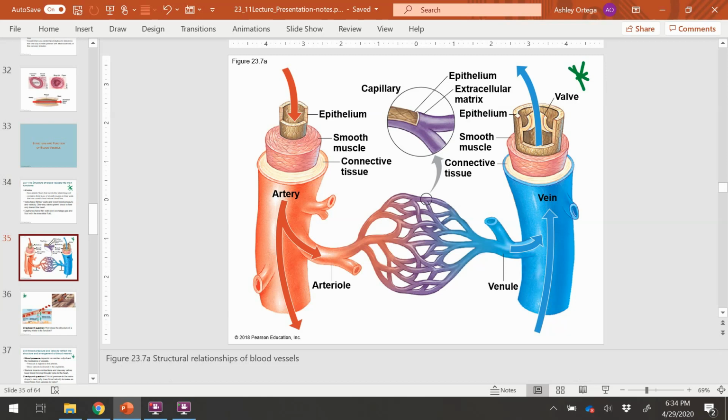They first have a layer of epithelium tissue, then smooth muscle. Arteries have more smooth muscle than veins, and then connective tissue that connects them to other organs and other body parts. Looking at capillaries, you can see an epithelium layer and then an extracellular matrix layer that connects it to other fluids like interstitial fluid, as well as other cells and tissues.